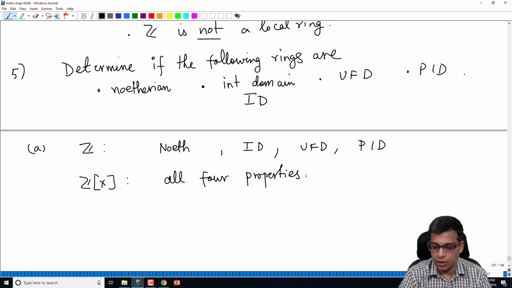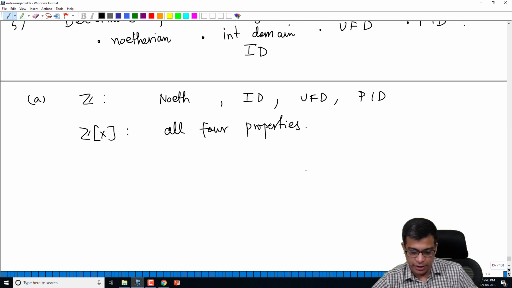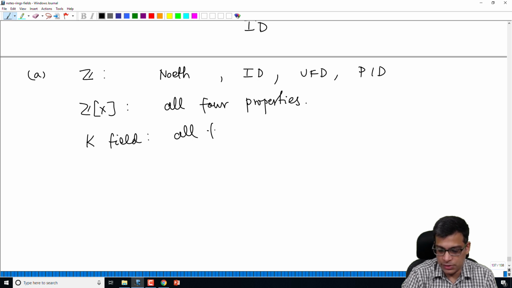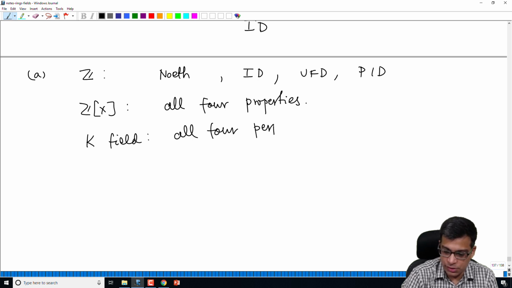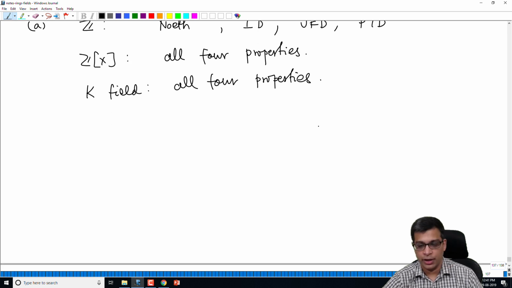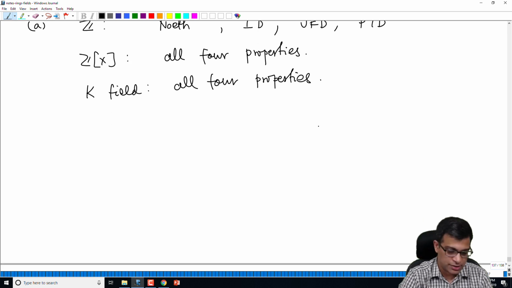It is a Noetherian ring, it is an integral domain, it is a UFD, it is a PID. Any field, all 4 properties. So these are all simple examples, right? A field is Noetherian, it is an integral domain obviously, PID, UFD. It has only 2 ideals, so there is no problem there.